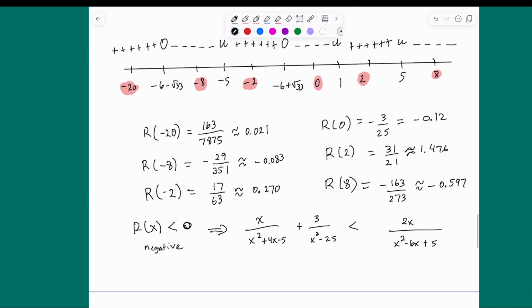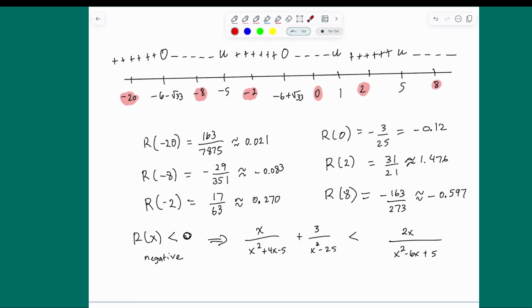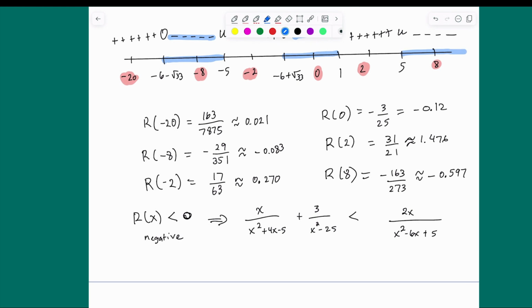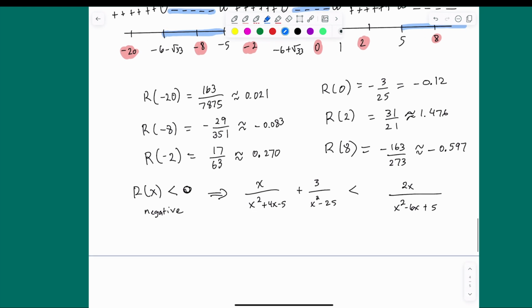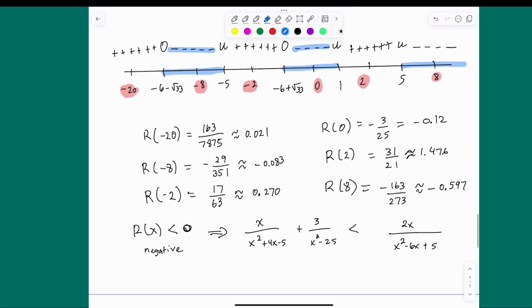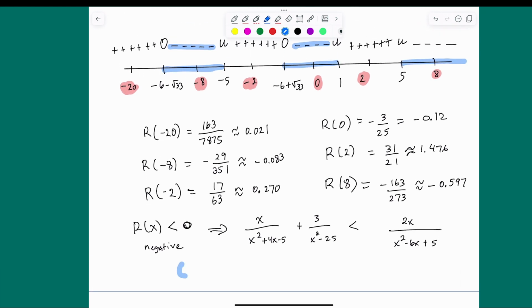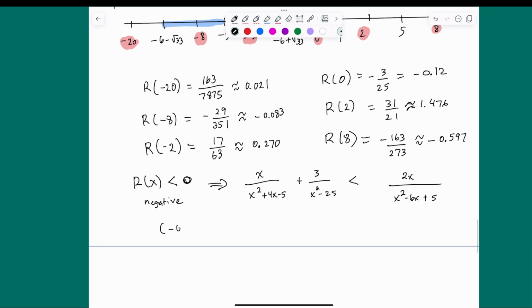So looking at our little chart here, there are a couple of regions where that happens, right? Between -6 minus root 33 and -5, between -6 plus root 33 and 1, and between 5 and positive infinity. Okay, so our solution set, and we don't want it to be 0, so we would not include our 0.